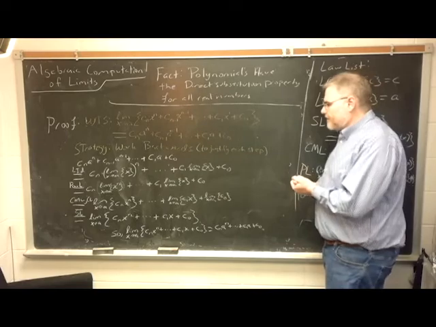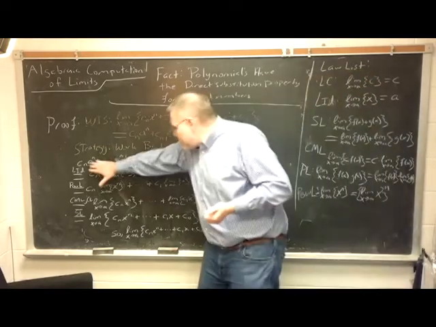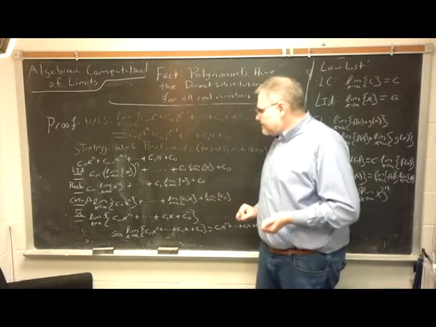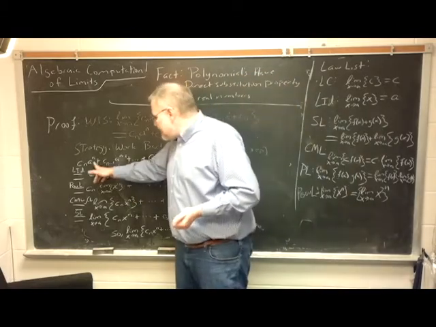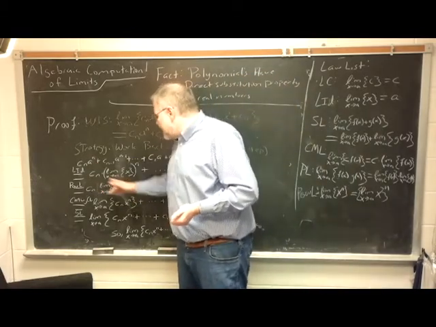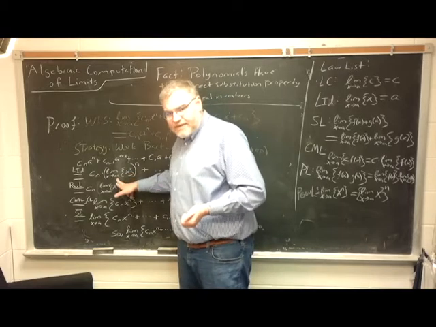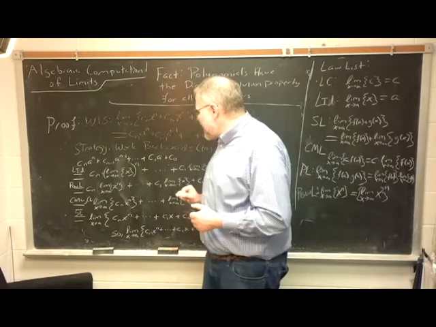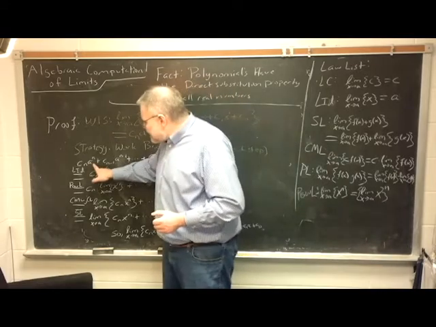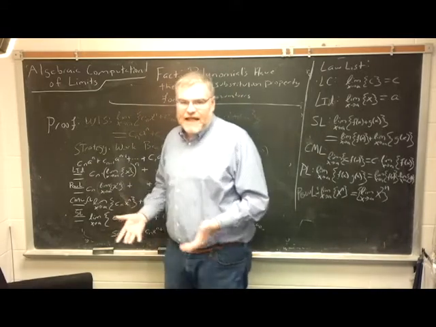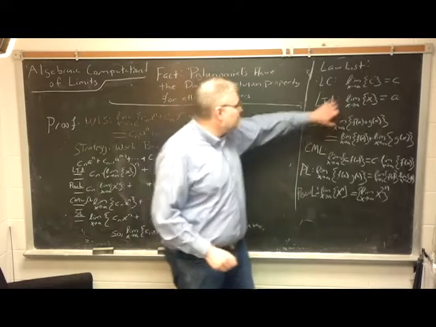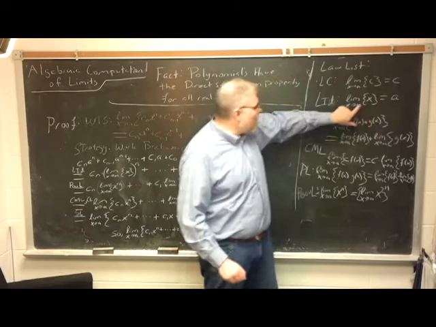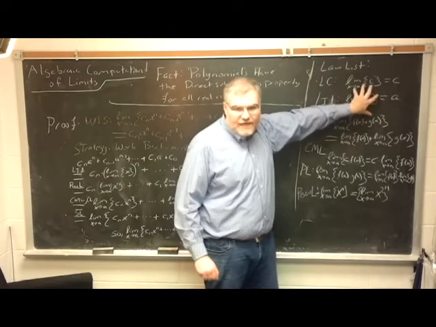So I have this statement. Now, by the limit of the identity, I could take this a and stick it down here. It's a little tricky to think about backwards, but what I'm doing is taking this a and calling it the limit as x goes to a of x.